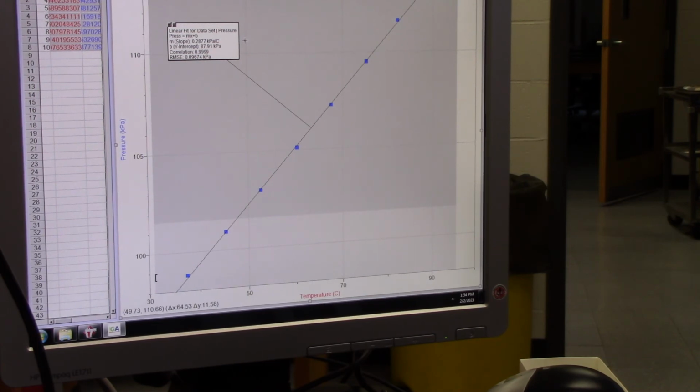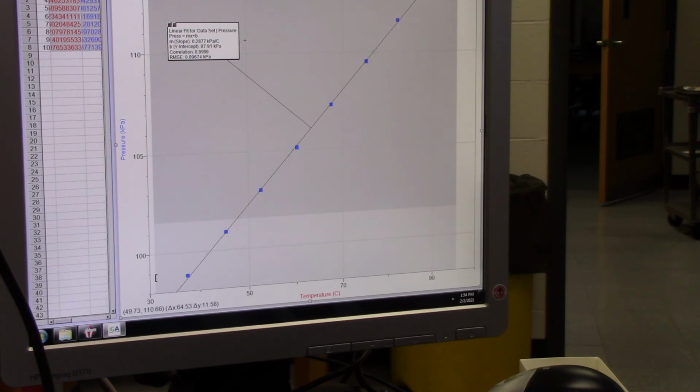So you take the original equation, pressure equals 0.288 kilopascals per Celsius times temperature, or T, plus 87.9 kilopascals. Then rearrange that equation in terms of T. So what are you going to have to do?